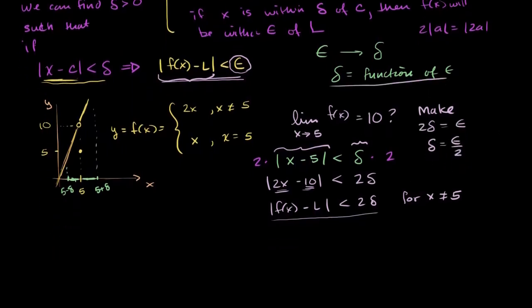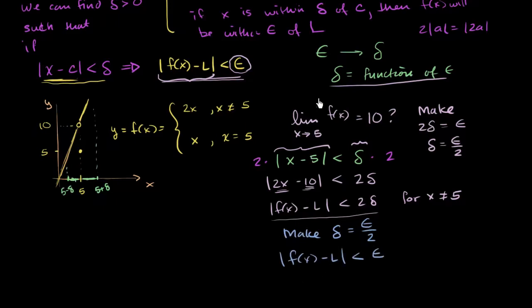So if you make delta equal epsilon over 2, then this statement right over here becomes the absolute value of f of x minus L is less than, instead of 2 delta, 2 times epsilon over 2, which is going to be epsilon. So this is the key.